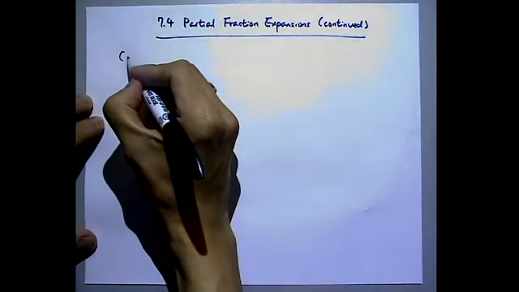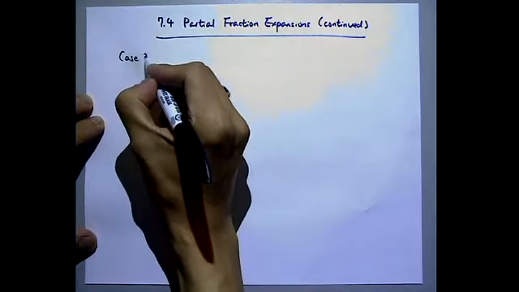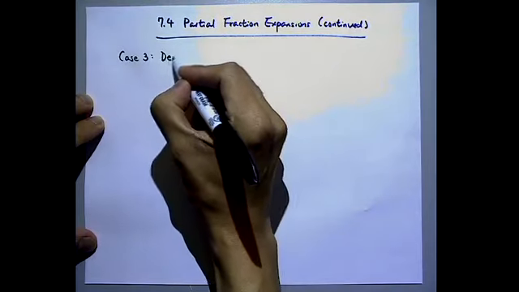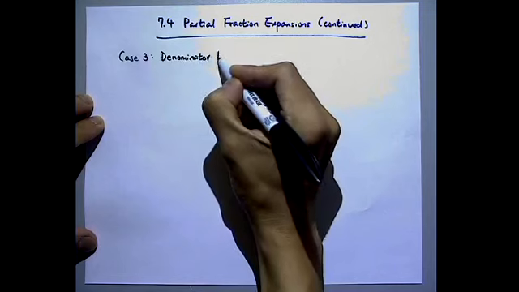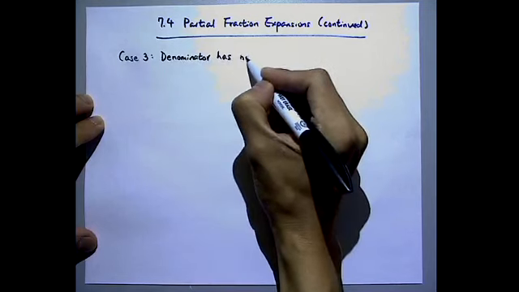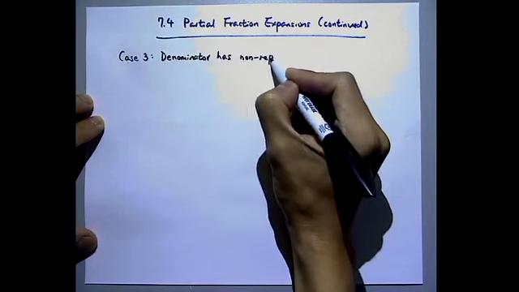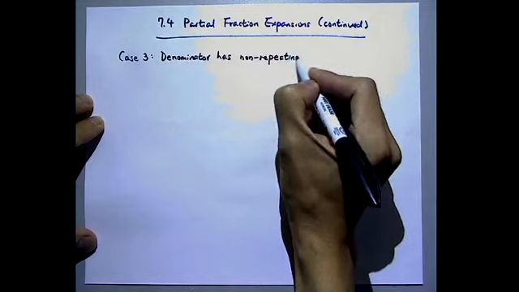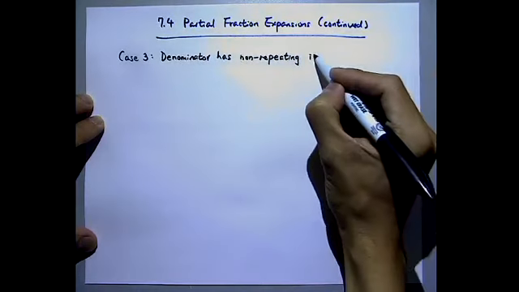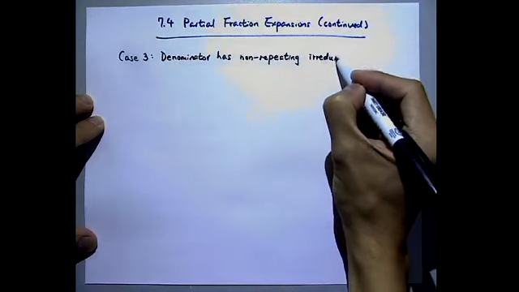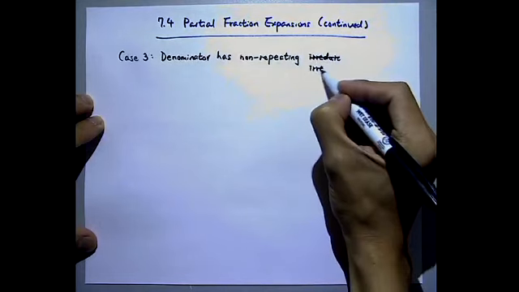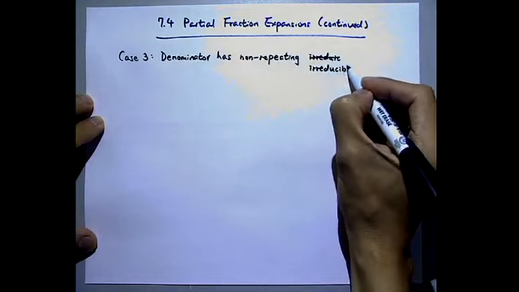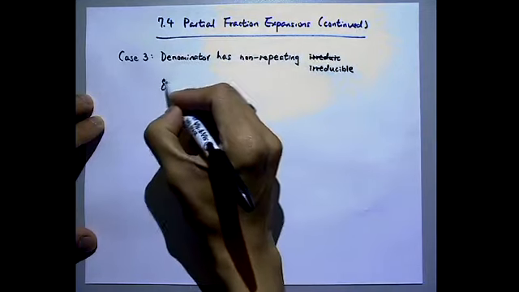Today we'll start with case 3. This is when the denominator has at least one non-repeating irreducible quadratic factor.